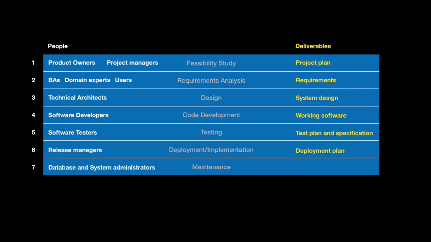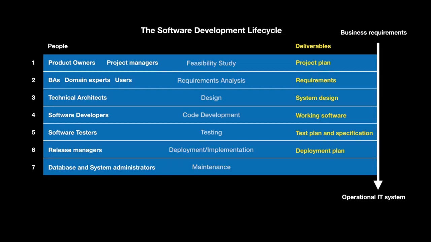So those are the 7 stages of the software development lifecycle. At a high level, they exist to take a set of business requirements and translate them into an operational IT system. Each stage has a group of people responsible for producing certain deliverables, and each deliverable helps the people in the next stage to produce their deliverable.